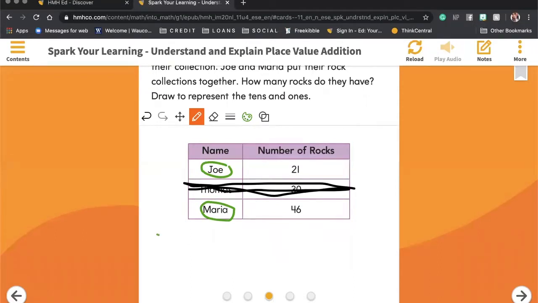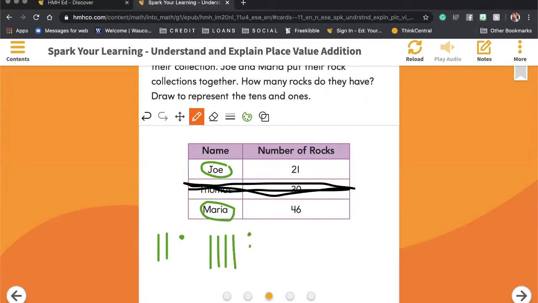We can show that by drawing 2 groups of 10 and 1 circle for 1 one. Maria has 46 rocks. So I'll draw 4 groups of 10, 1, 2, 3, 4, and 6 ones.